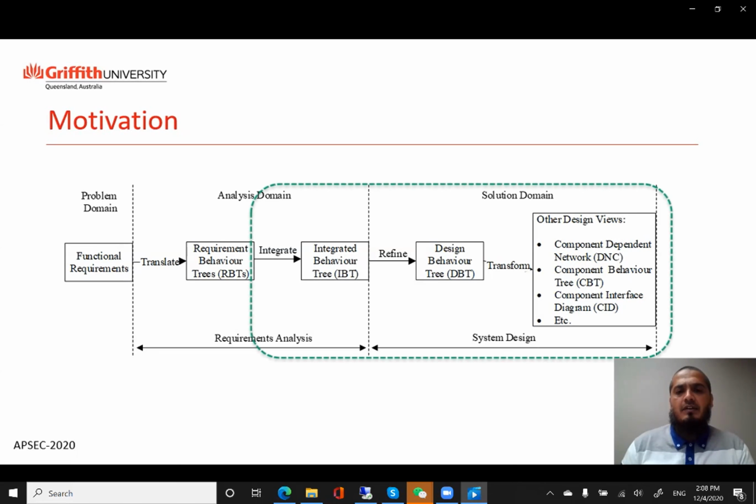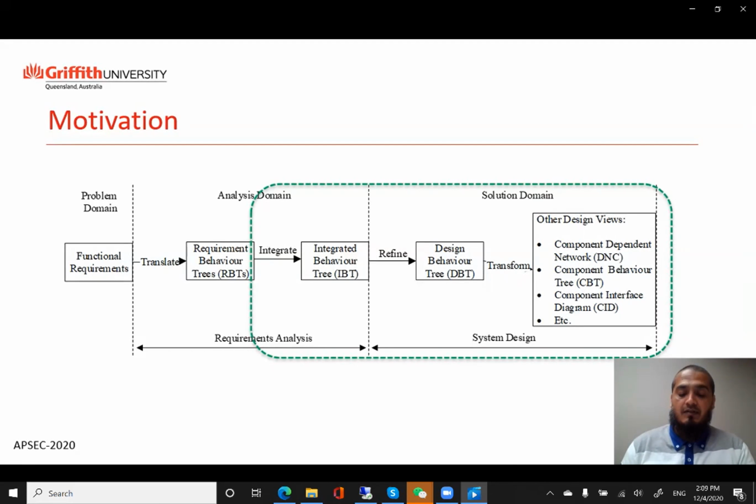In the past, a number of studies have been carried out to address this green circle part, to formalize this aspect. Once the requirement behavior tree is available, some studies have been carried out to formalize the integration of requirement behavior trees to form the IBT. And some studies were conducted to formalize the process to refine the IBT into a design behavior tree, and so on.